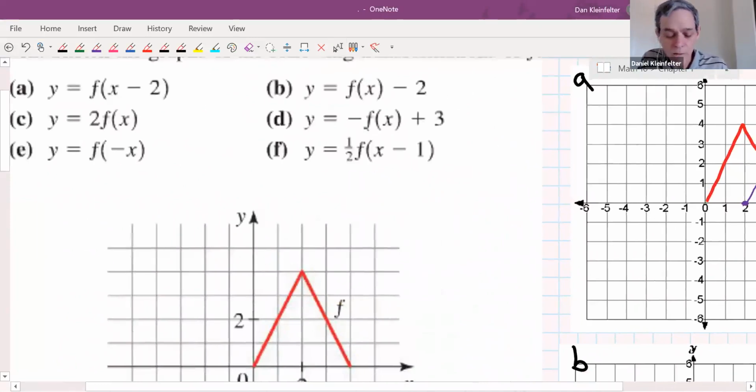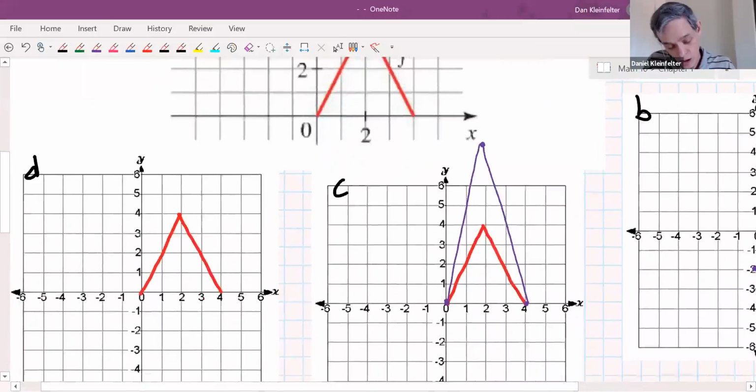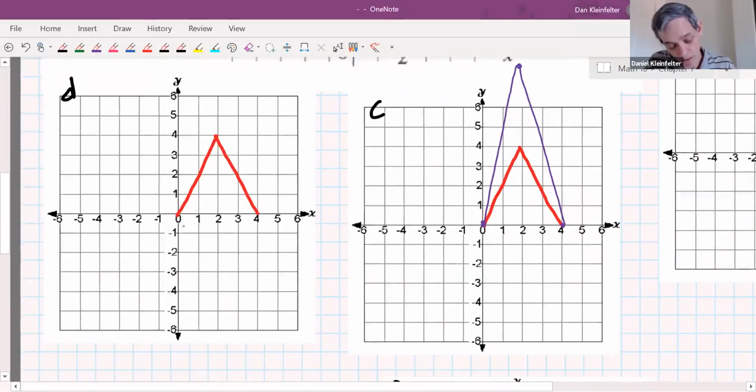For D, we're doing two things. We're going to multiply the f of x's by -1. That will reflect it vertically, so reflect it across the x-axis, and then push the graph up by 3 units. So we're going to reflect this downward. So let me make a rough draft of it. So to reflect it downward, it would basically look like that, reflected across the x-axis, but it needs to be pushed up by 3 units.